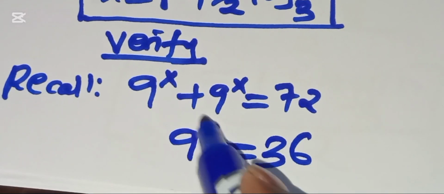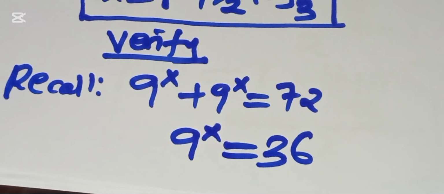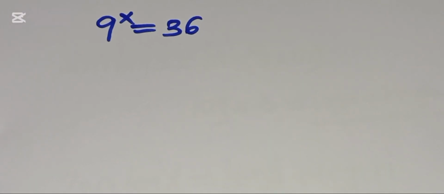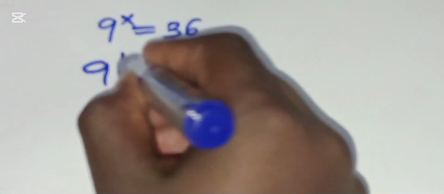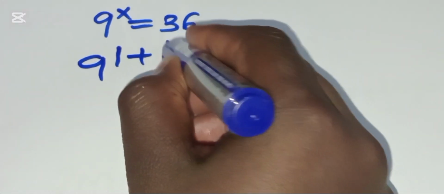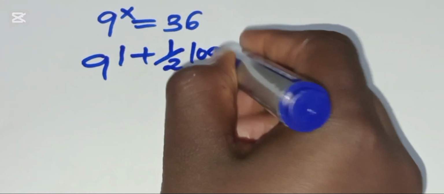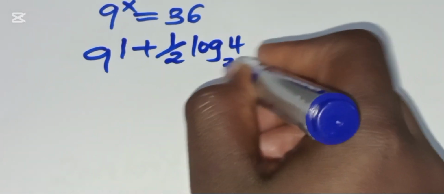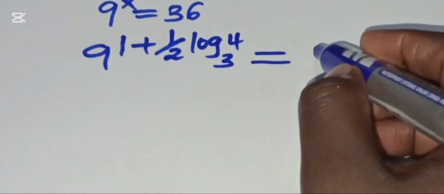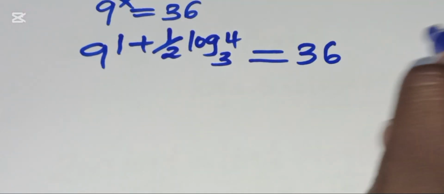So let's substitute the value of x. If we substitute, we're going to have 9 raised to power 1 plus a half log 4 to base 3. This is supposed to give us a value of 36.